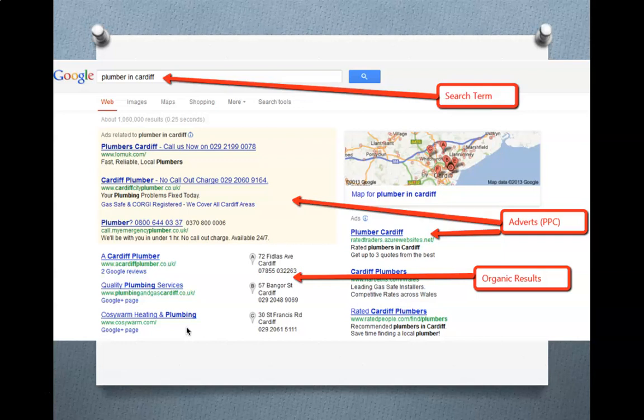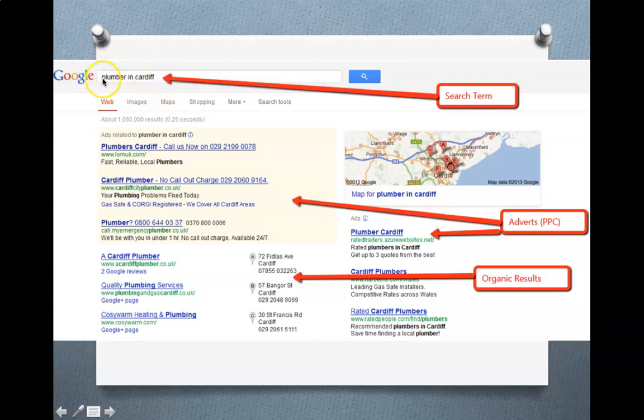The first thing you can see up here is the search term, and we also refer to this as a key phrase or keyword in digital marketing. So plumbers in Cardiff is a keyword or key phrase, and even though it's more than one word, we still refer to it as a keyword or key phrase.